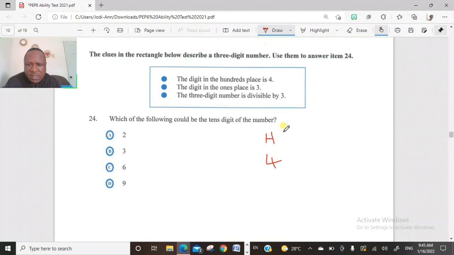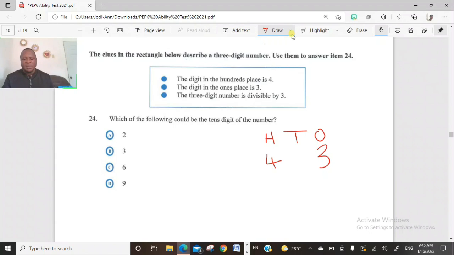Let us put tens and ones also. And see with me, guys, I'm using the mouse to write. All right, so it says the digit 3 is in the ones place.